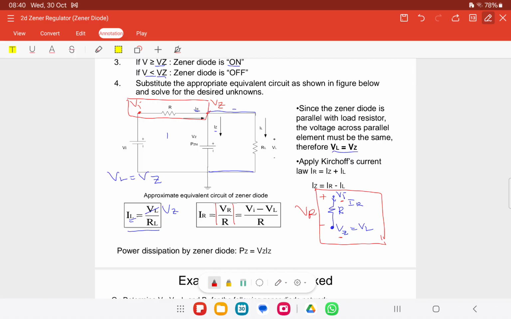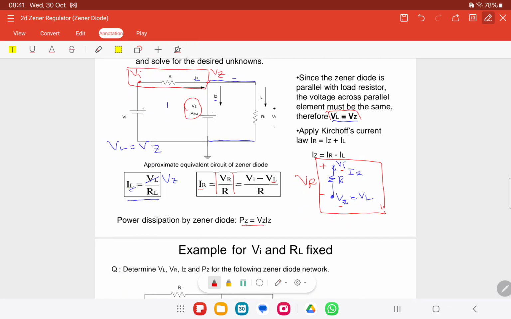Take one point, minus another point. That gives VI minus VL or VZ. Because please remember VL is equal to VZ, and this VL is not the VL we calculated using the voltage divider earlier. This is the VZ given in the Zener diode. Okay, so we can get IR from this, VI minus VL over the resistor value.